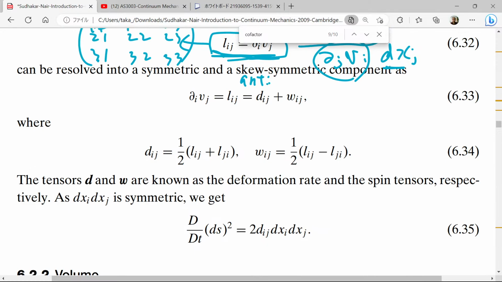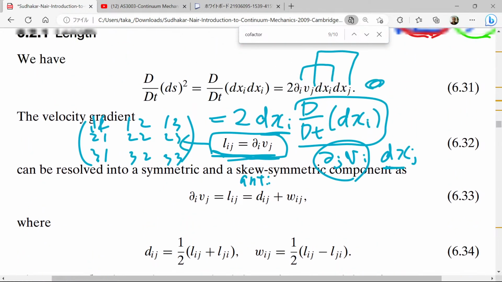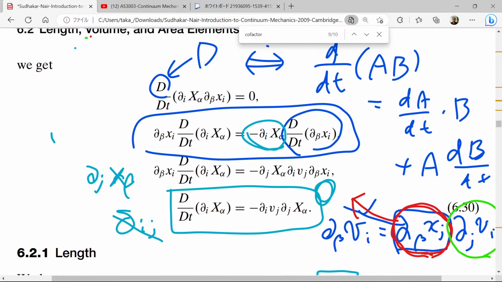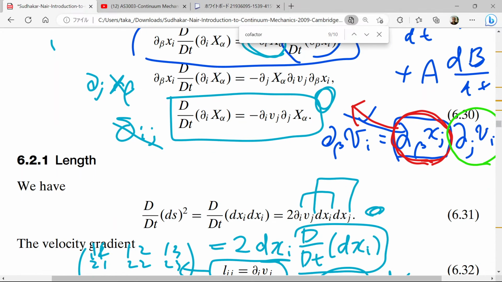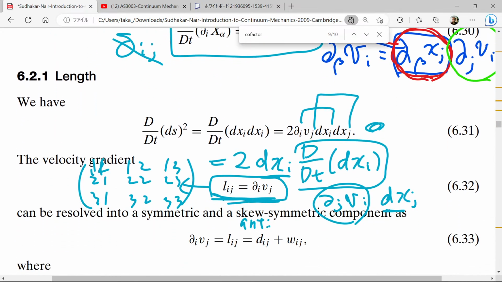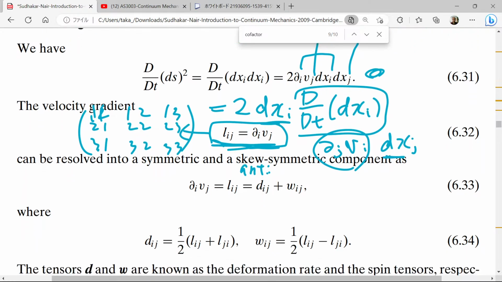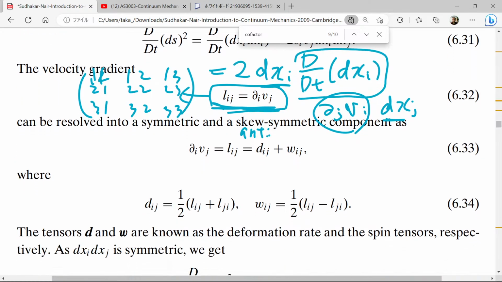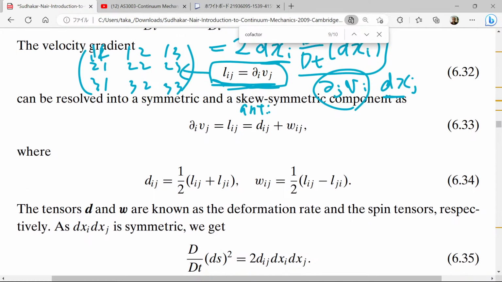As dxi dxj is symmetric, we get, this is interesting. Huh? How do you get symmetric? Symmetric multiply anti-symmetric, not so sure.